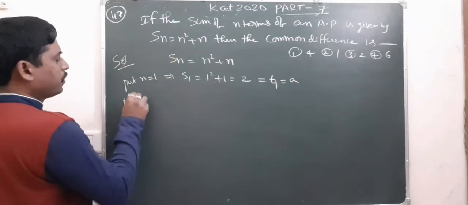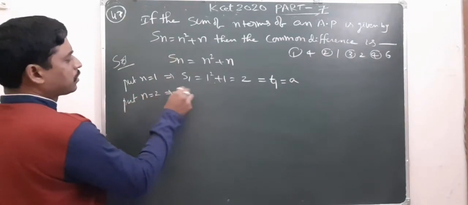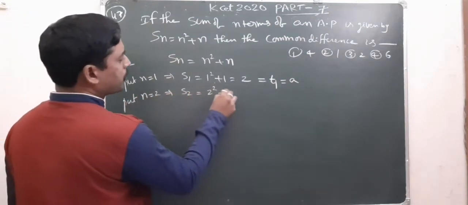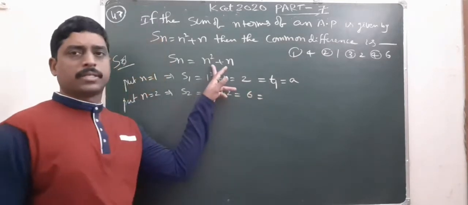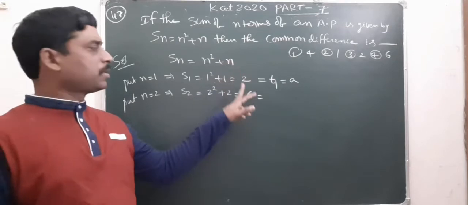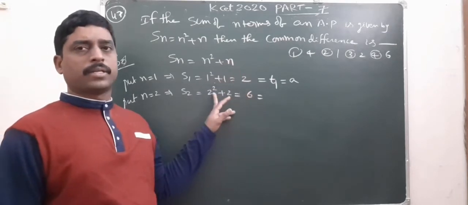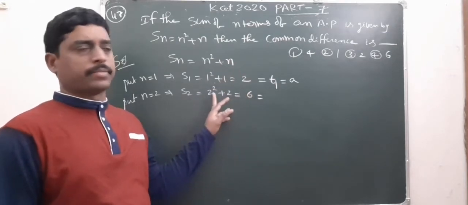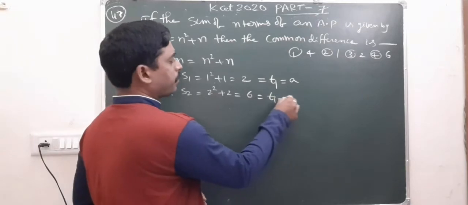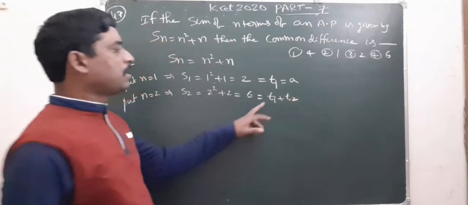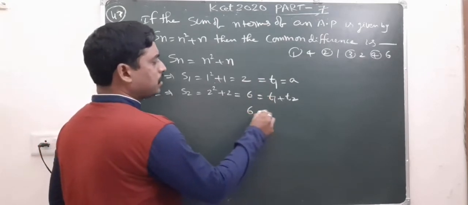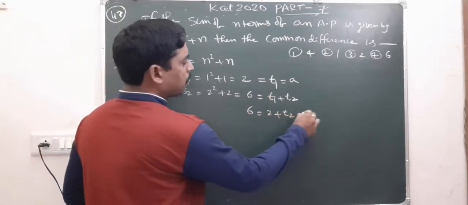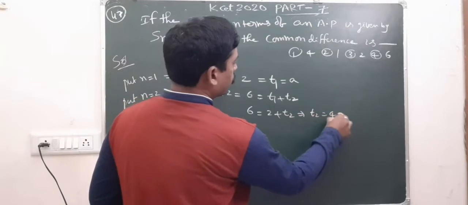Put n is equal to 2. S2 is equal to 2 square plus 2, which is nothing but 6. S2 is nothing but the sum of two terms, T1 plus T2. So T1 value we already got as 2, substitute in this equation. 6 is equal to 2 plus T2. Therefore T2 is equal to 4.